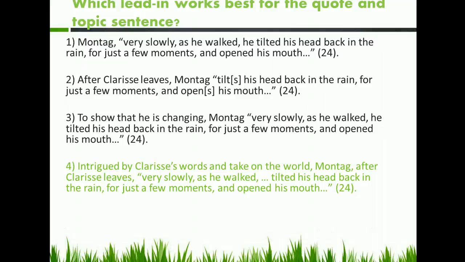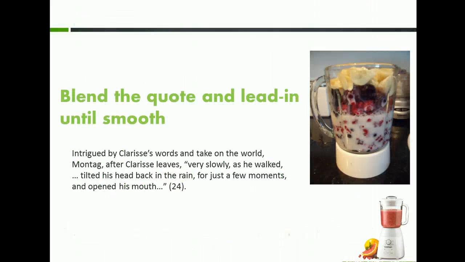So it's really providing a lot of context. Also notice that for all 4 of these, it's a complete sentence. It's a perfect marriage of my words and Bradbury's words together to create a complete sentence. You can't just put your words and then slap on the author's words and then say it's a complete sentence if in fact it's a run-on. You want to make sure that it makes sense.